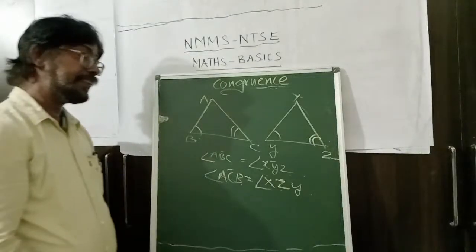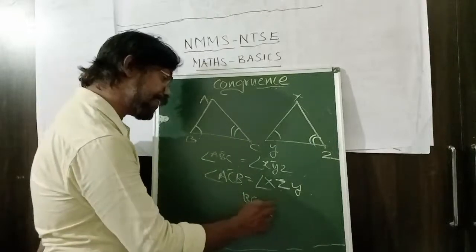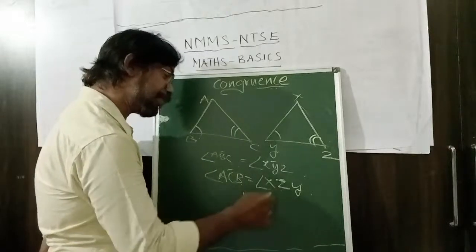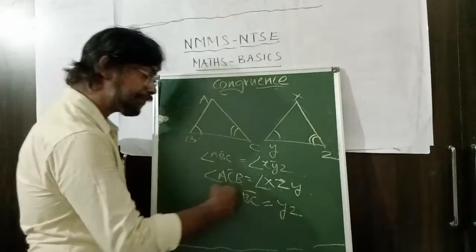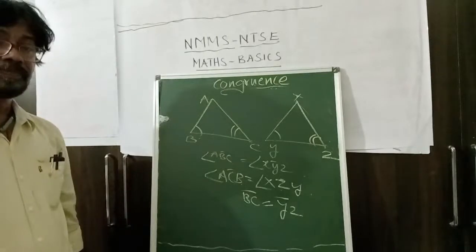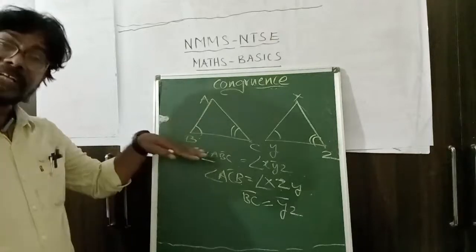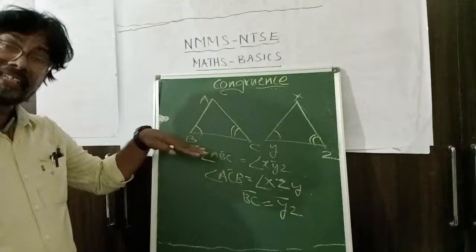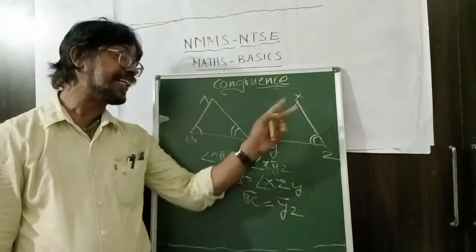And BC equal to YZ, the length of BC side and the length of YZ side are equal. It means two angles of this triangle and the side attached to those two angles are equal to two angles and the side of another triangle.